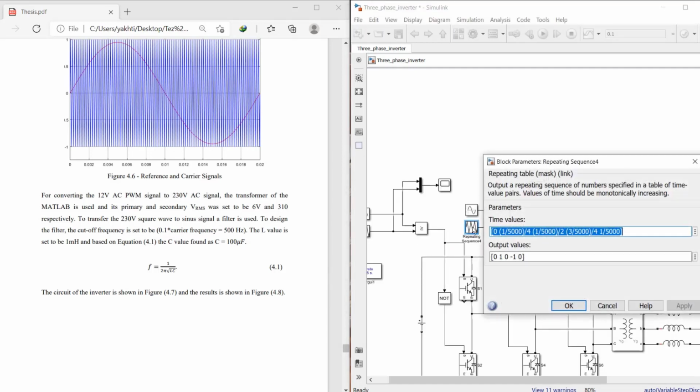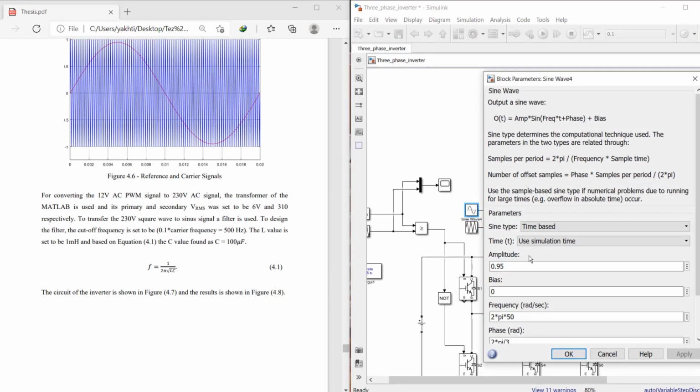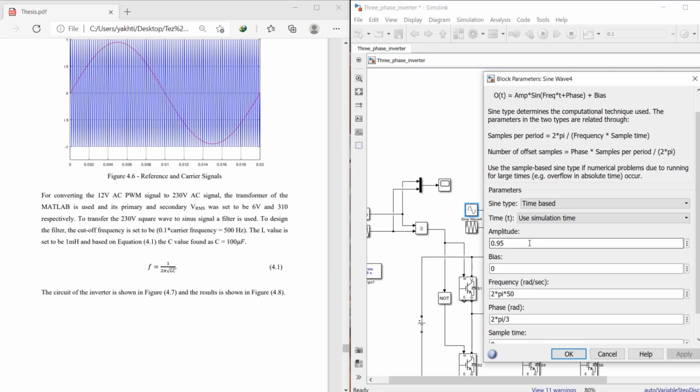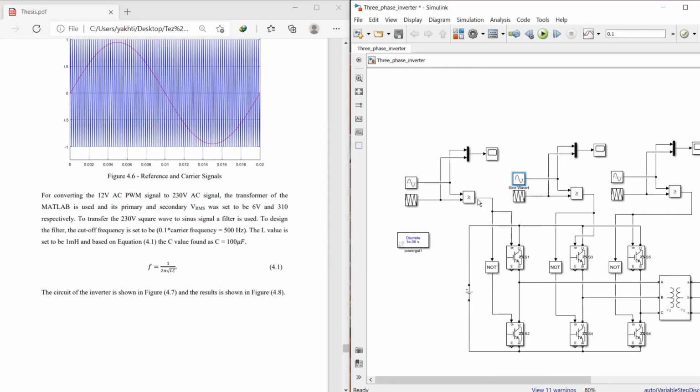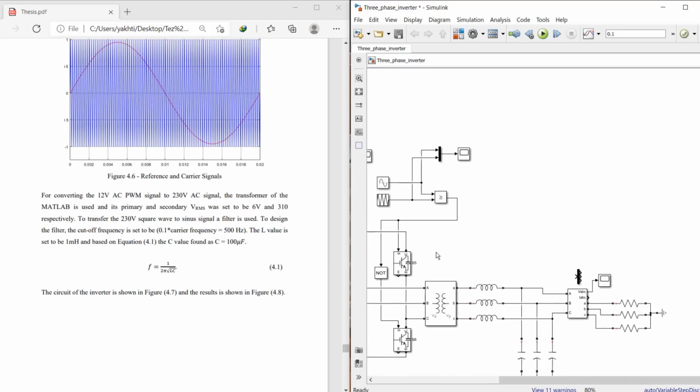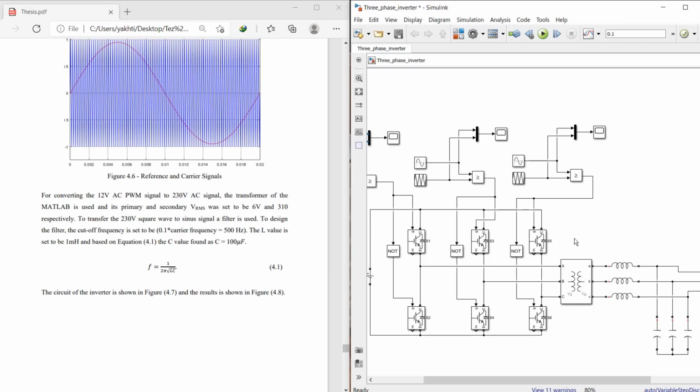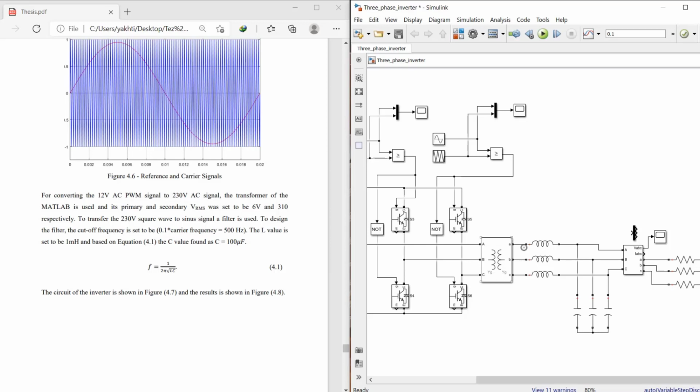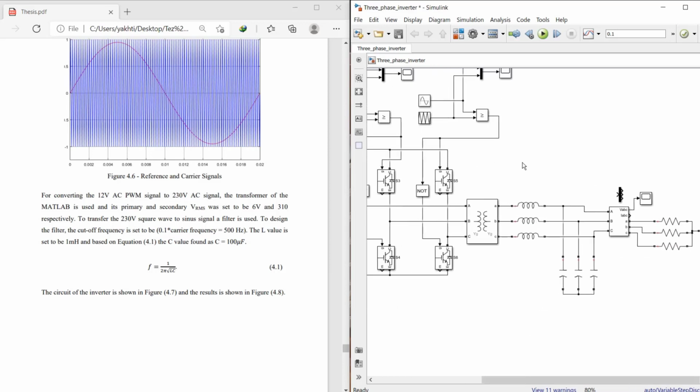Here we can see the carrier signal, which has 5 kilohertz frequency, and this is the normal or sampling signal, which has an amplitude of approximately 1 volt. Then the two signals are compared and fed to the gate of the IGBT, and the output square signal, which has 24 volt peak to peak, is fed to a transformer which converts it to 230 volt AC. After this transformer, we have a 230 volt square wave AC.